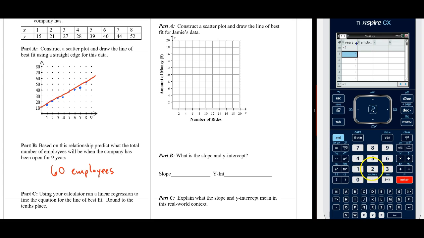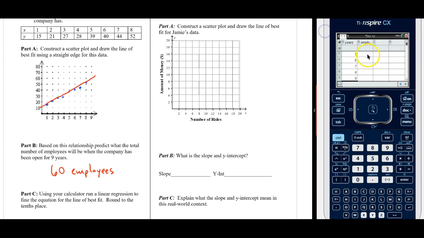So we have 1, 2, make sure you're in cell 1. 1, 2, 3, 4, 5, 6, 7, 8, 9.